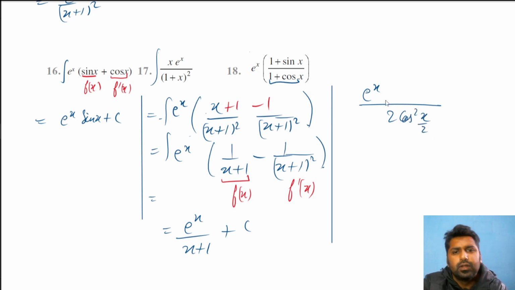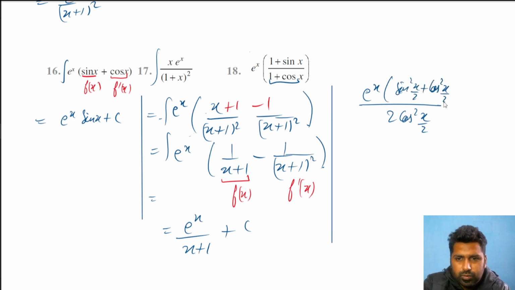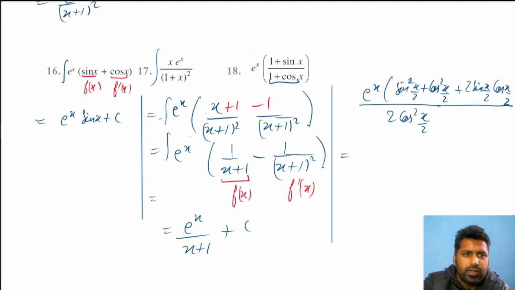And 1 plus sine x, remember, we break this into sine square x by 2 plus cos square x by 2, plus sine x, I break it like 2 sine x by 2 cos x by 2. So what I've done, I've broken 1 as sine square plus cos square. I have broken sine x as 2 sine x by 2 cos x by 2.